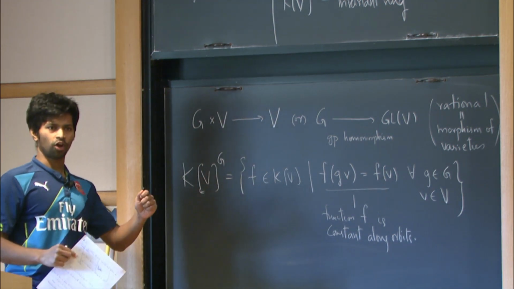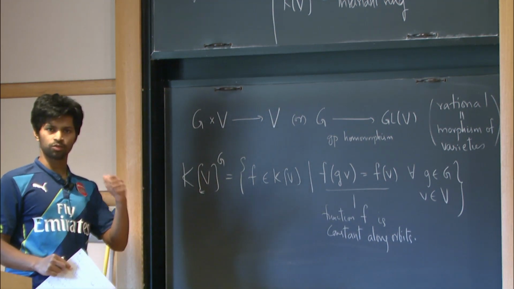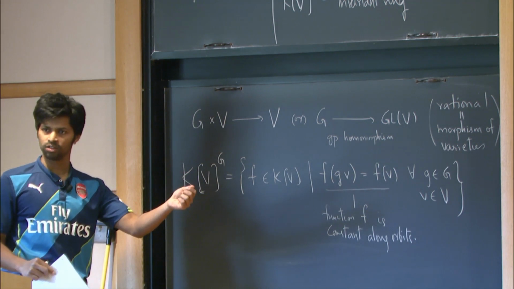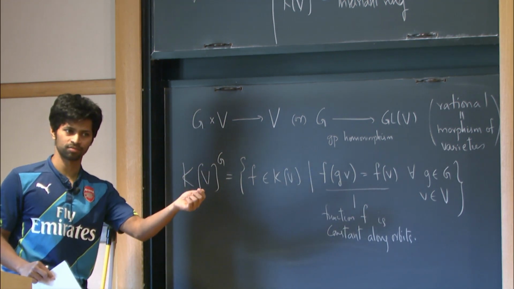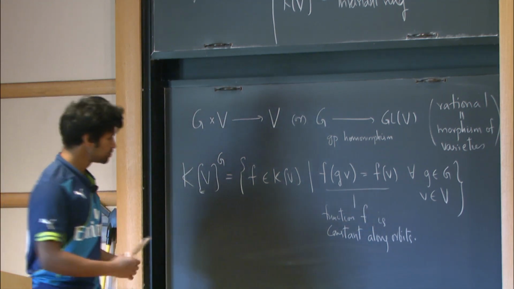Is that clear? So the orbit is, you start from a point v and you see where all you can reach by applying a group action, and your function should take the same value along that whole orbit. That's what it means to be invariant.